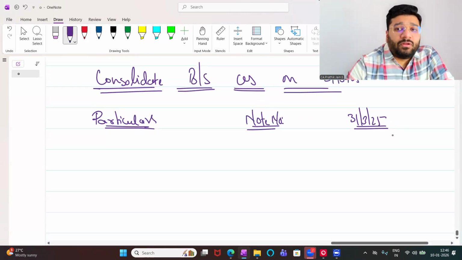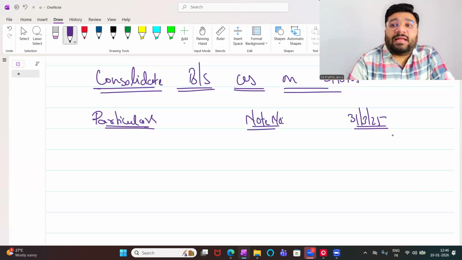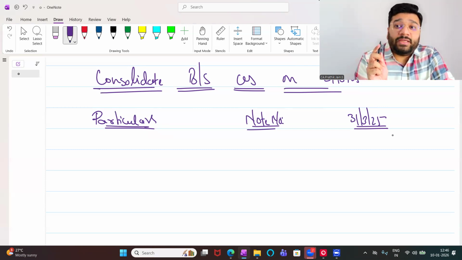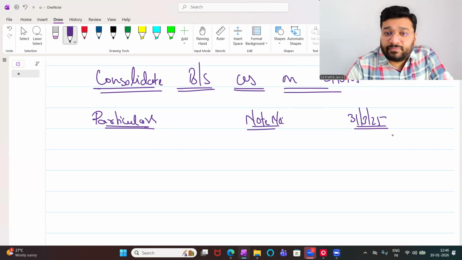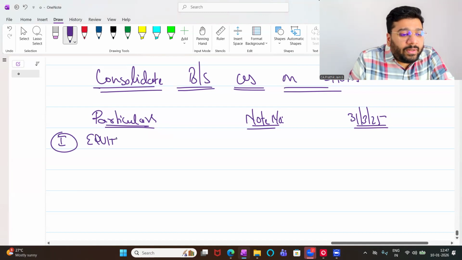Understand, you may not get a standalone Schedule 3 question in exam. They might infuse Schedule 3 in consolidation and ask you. Got it, not got it. But without knowing Schedule 3, you can't perform this well. So Schedule 3 should be at your fingertips. Tell me, people, what is the main heading? Equity and liabilities.